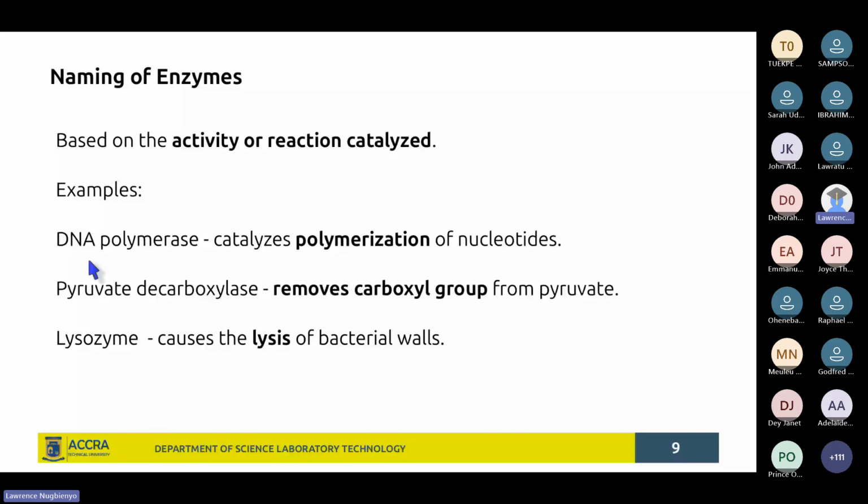So the process is polymerization, that is bringing nucleotides together, binding the nucleotides together to form a polymer. And that polymer is the DNA. The deoxyribonucleic acid is being formed from nucleotides. And so the process is polymerization, and the name coming from that process, polymerization, is polymerase.